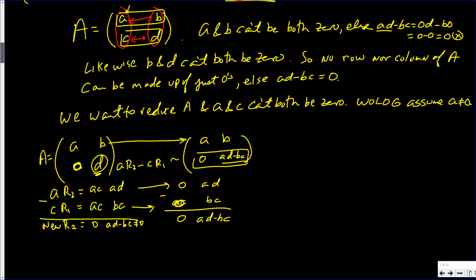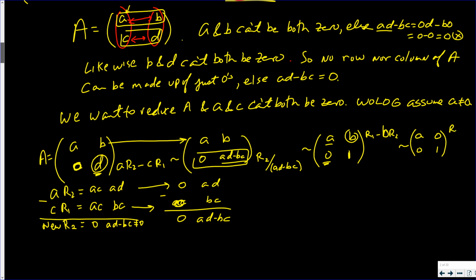So now, if I take row 2 and I divide it by this non-zero value, I will get 0, 1. And then if I do row 1 minus B times row 2, A minus B times 0 is still A. B minus 1 times B is B minus B, which is 0, 0, 1.